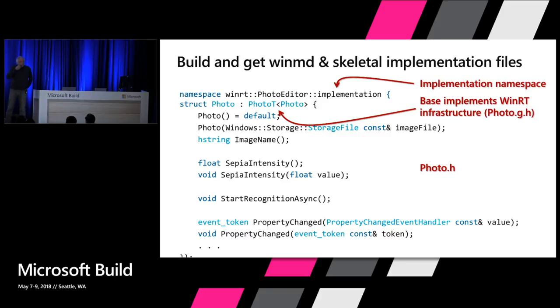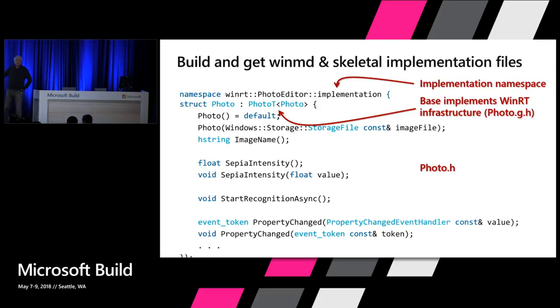And it's very similar, except it's in the implementation namespace. Notice struct photo, struct because everything's public, so we didn't want to write class and public. We could get away with just one line. Struct photo derives from photo_T of photo.